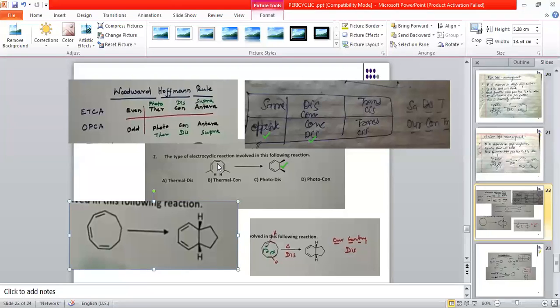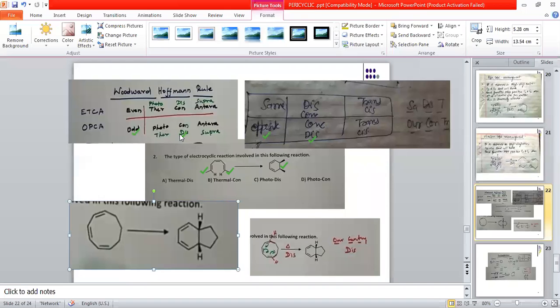Yes ma'am. Now how will you observe thermal and photochemical? You have observed that there is dis rotation. Now you have to look in the starting material at how many pi bonds there are. There are 3 pi bonds, which means the number is odd.